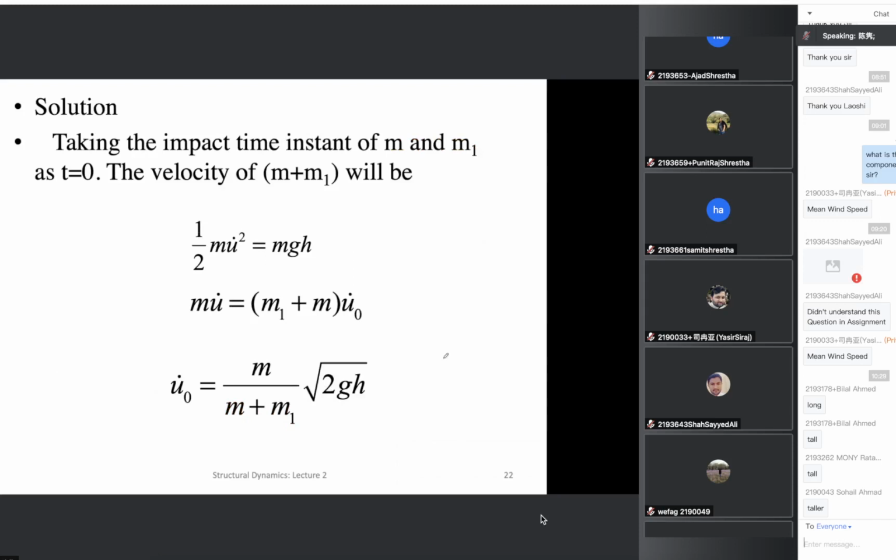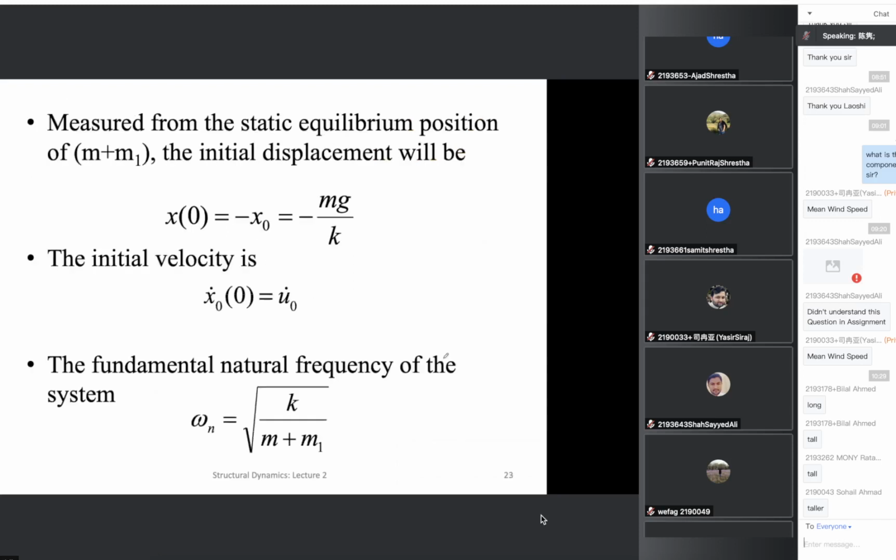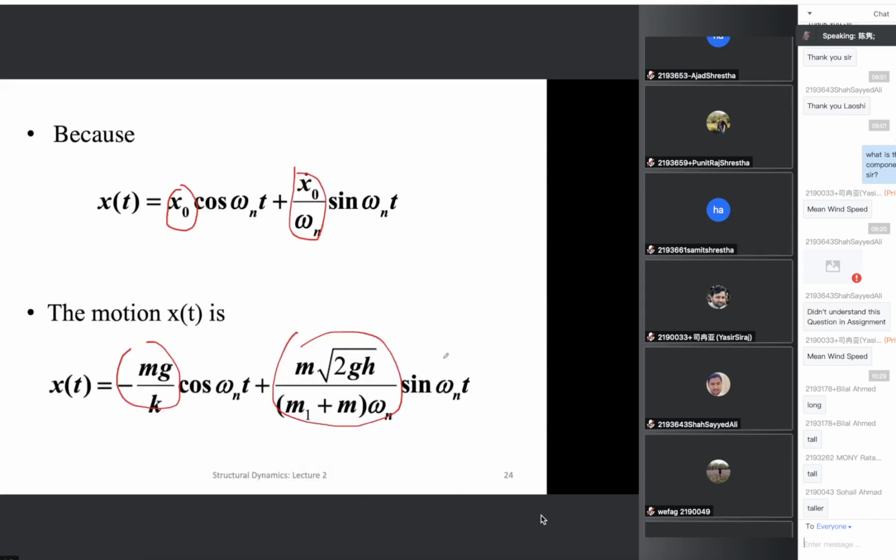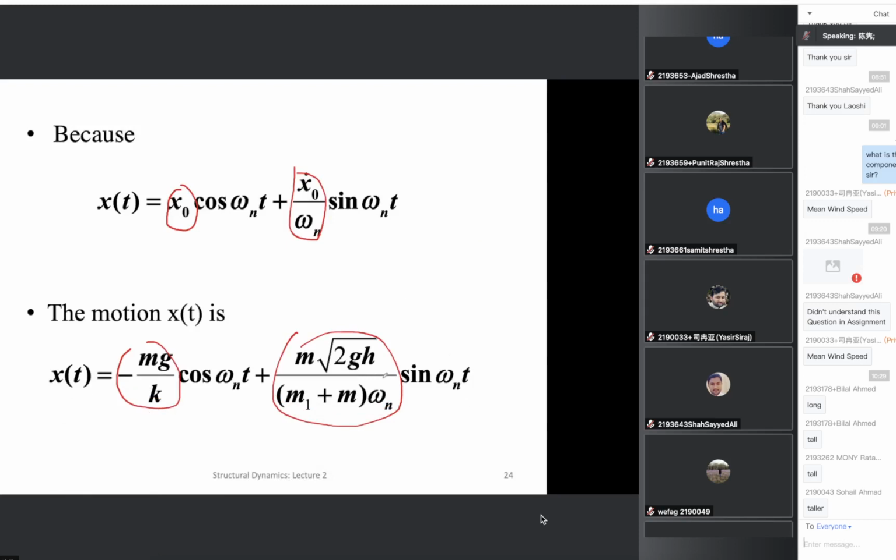Then you can calculate whether it's safe or not due to the drop of heavy things. It seems very simple, but you can use it in many real problems.